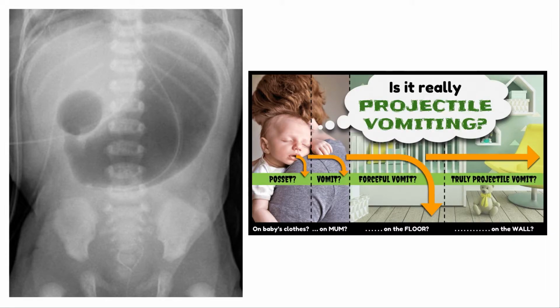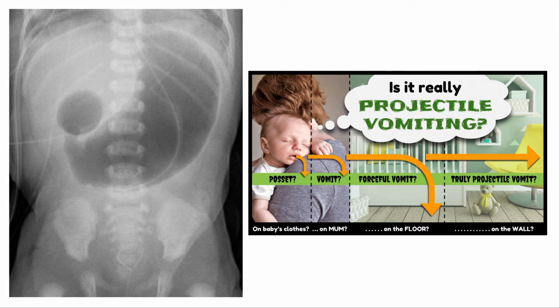This X-ray shows double bubble, and the diagram on the right suggests what we're talking about: projectile vomiting in hypertrophic pyloric stenosis. It is a good point that a lot of concerned parents will say, "Oh, my child projectile vomited it." And it's like it went a meter or something at most.